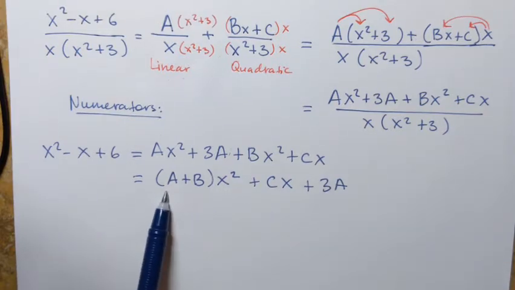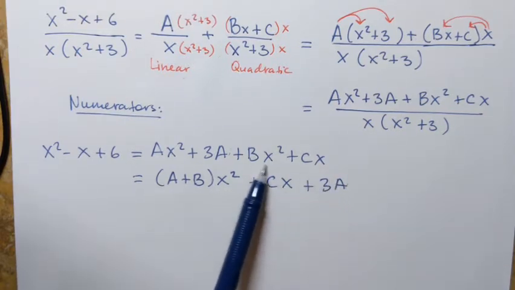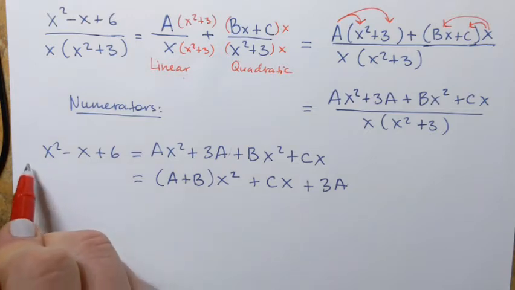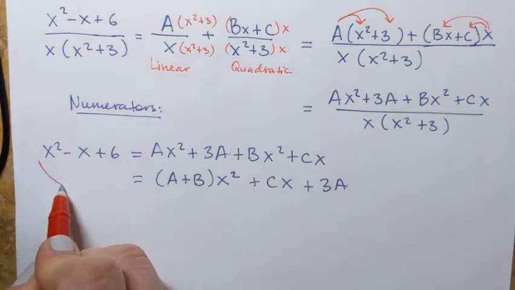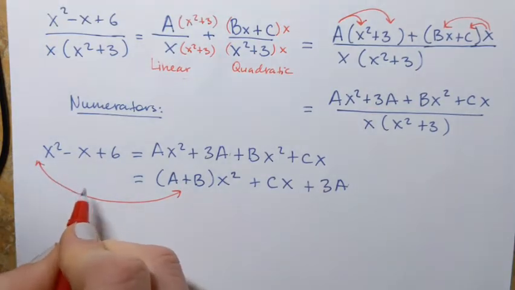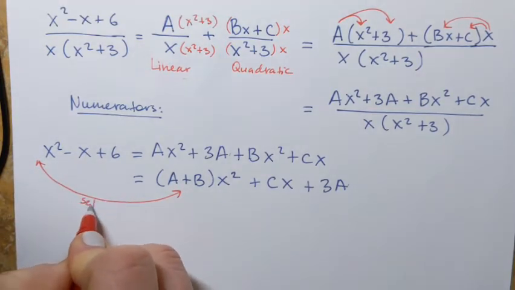And now as I organize the right hand side this way, I can clearly see the coefficients of x squared, x, and what is the constant. And I'm going to set them equal. So the coefficient of x squared, I'm going to set equal to the coefficient of x squared on the other side.